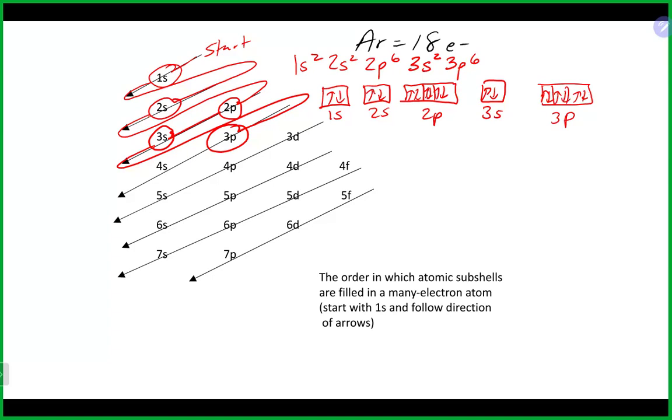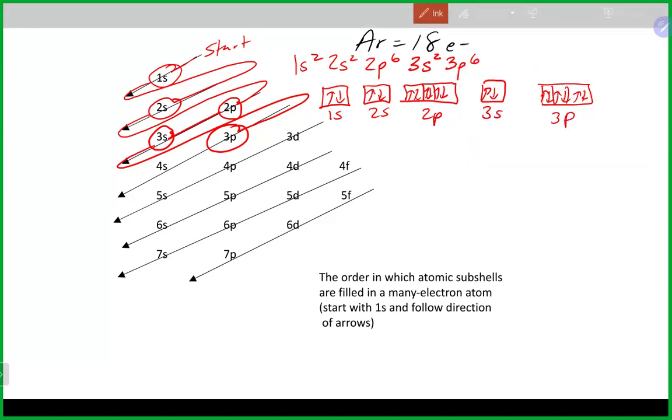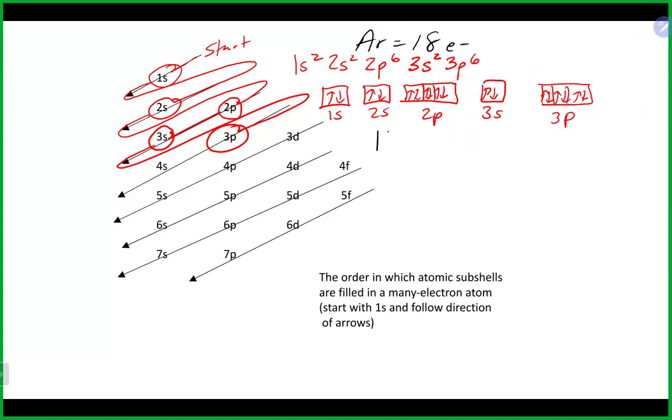So now let's say, for example, we went over to potassium. Now, potassium is 19 electrons, right? And we know argon was 18. So we would need to continue, remembering that after our 3p, we are now going to hit our 4s orbital.